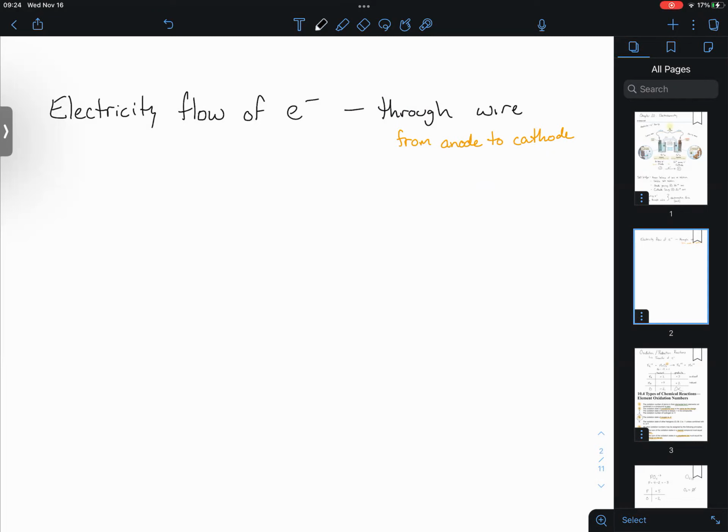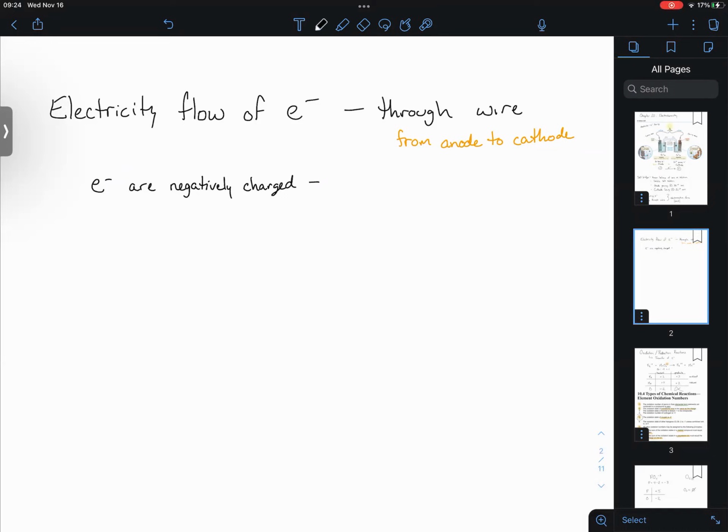Electrons, of course, have a charge associated with them. So electrons are negatively charged. Okay. So charge is an important aspect of this study of electricity.